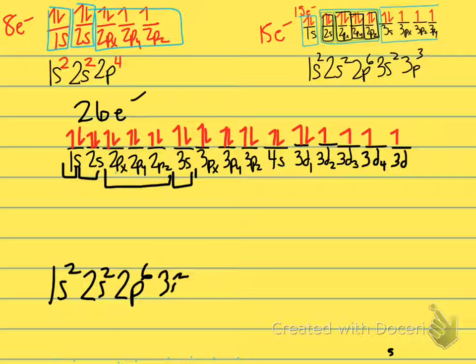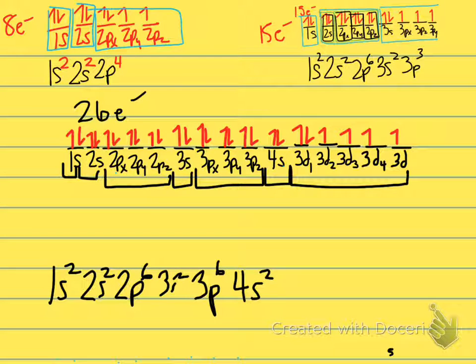So 3s2, 3p6, 4s2, 3d, how many? 2, 4, 6.